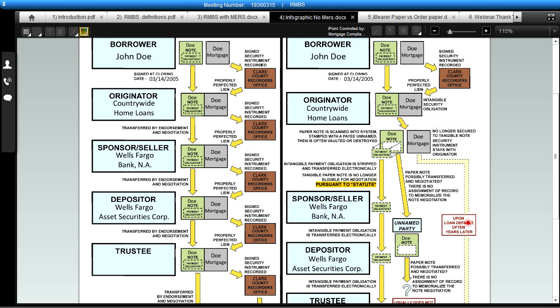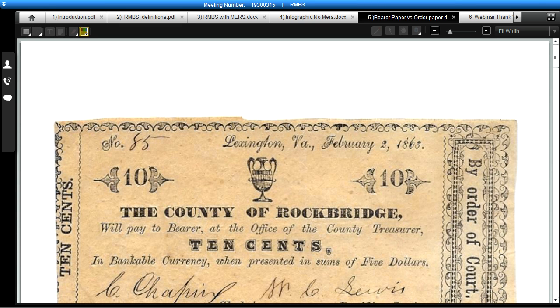It depends on the guidelines that were set up within the trust. But now we get into, many times, banks purport to come up with documents, their own verbiage of documents, meaning they claim that the document they have is a bearer paper.